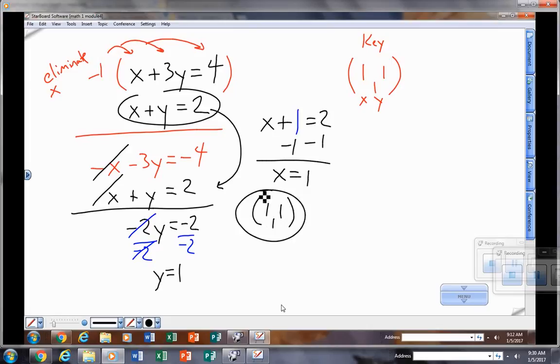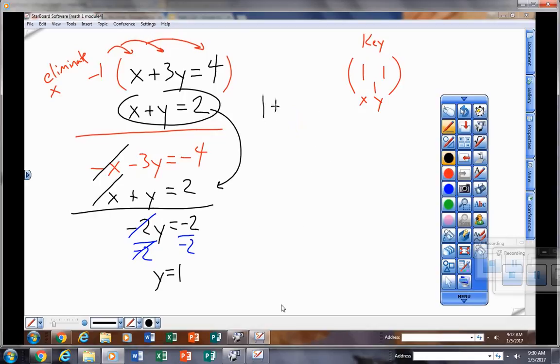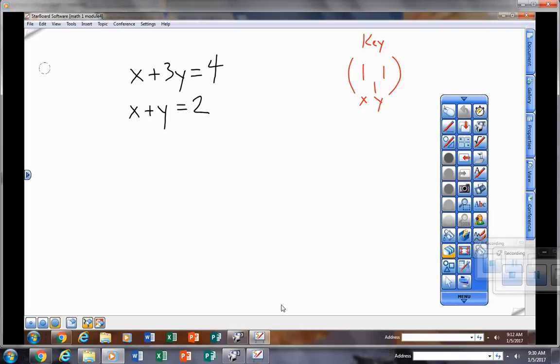Now I'm going to do the same problem, but I'm going to show you how to eliminate the y term instead, and show you how that will still give you the same answer. So pardon me while I delete all these steps here. All right, if I choose to eliminate the y terms instead, I will need to get a 3y and then an opposite, a negative 3y.